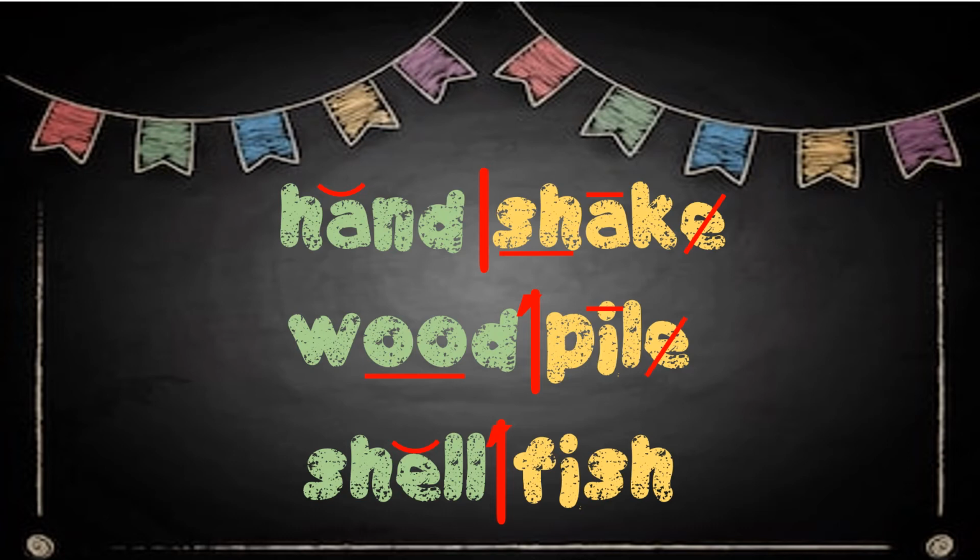Now let's start coding the rest of the word starting from the beginning. We see digraph SH at the beginning of this word. And now let's take care of those double consonants by crossing out the last one. Let's look at the next word in this compound word. Look for the vowel.